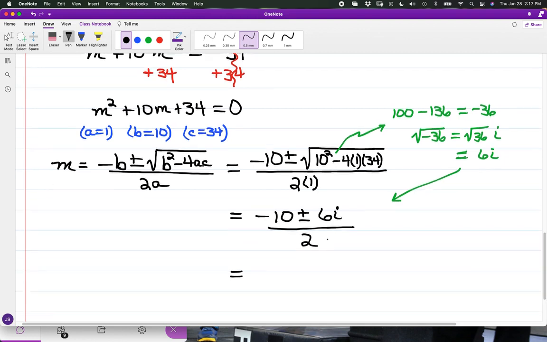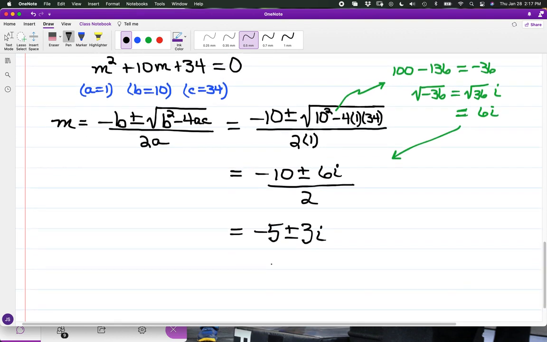So you have negative 10 divided by 2, so this would be negative 5, and plus or minus 6i over 2, and 6 divided by 2 is going to be 3, so we have negative 5 plus or minus 3i. And just for the expanded notation, we have negative 5 plus 3i, and also negative 5 minus 3i.